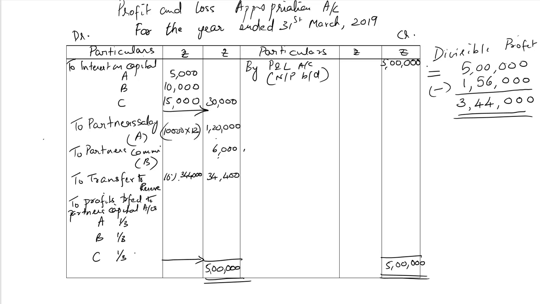Let's look at the amount of profits which has to be transferred to the partners' capital accounts. It's 5 lakh total on the credit side, and the total on the debit side is 1,56,000 plus 34,400, which is 1,90,400.